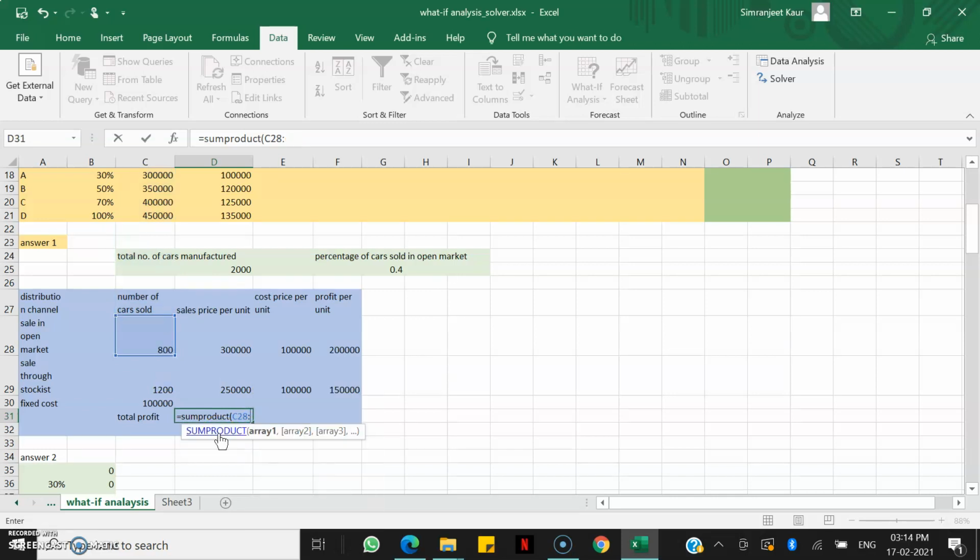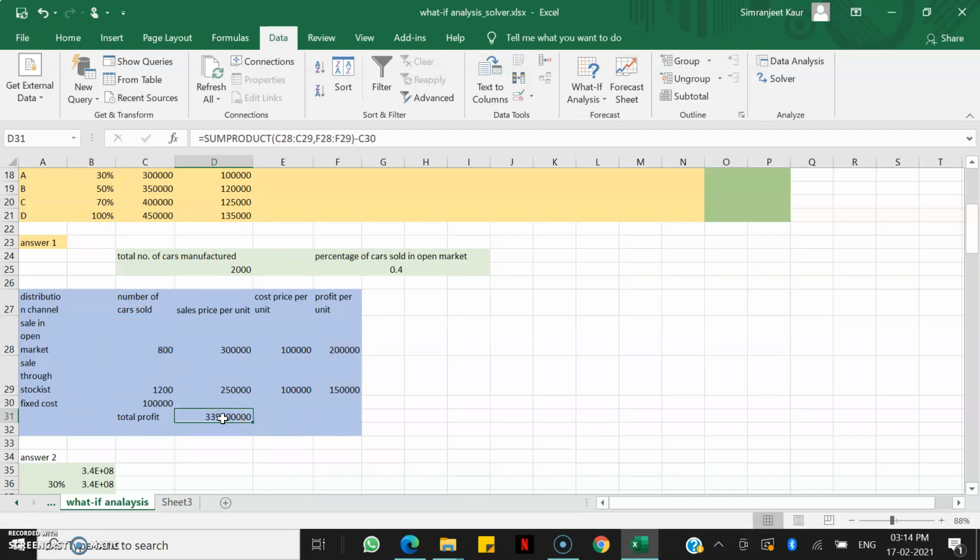Let me just select it again, comma, my profit per unit, and I have to deduct my fixed cost out of this. So this is my total profit right now.